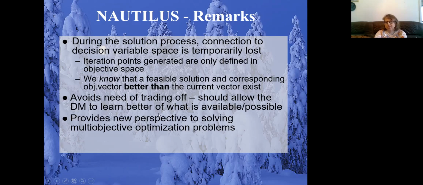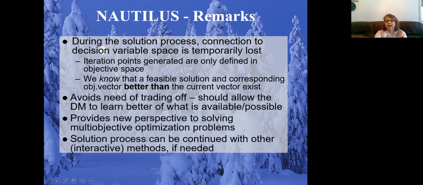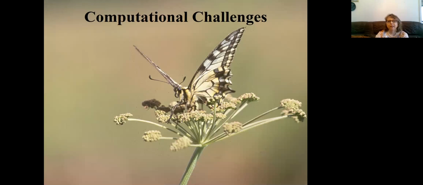So it's a new perspective to solving the problems, and it frees us from the danger of anchoring, and it can be the final solution, or this can also be used as a means to find a starting point for some other interactive method, if one then wants to use a traditional method that deals with Pareto optimal solutions, once we have made sure that the starting point is chosen well.